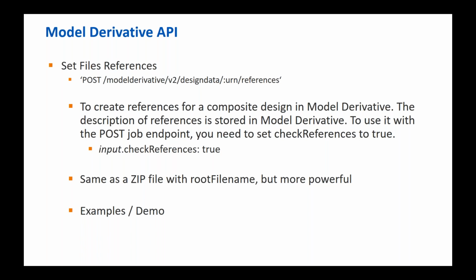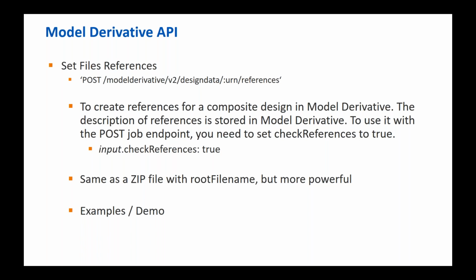The reference method is now, instead of uploading a zip file, which could be cumbersome when you want to have different versions of single elements, the set reference allows you to upload each file individually and describe to the system how they are interlinked with each other.